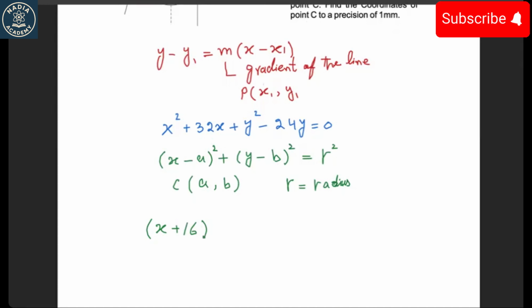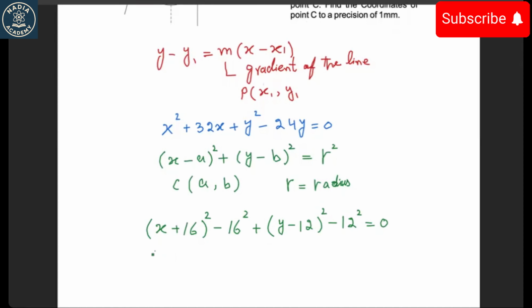So this is (x plus 16) squared. But there must be a compensation term, which is minus 16 squared. Now, the next two terms, where we have y squared minus 24y, can be written as (y minus 12) squared, then minus 12 squared, is equal to 0.